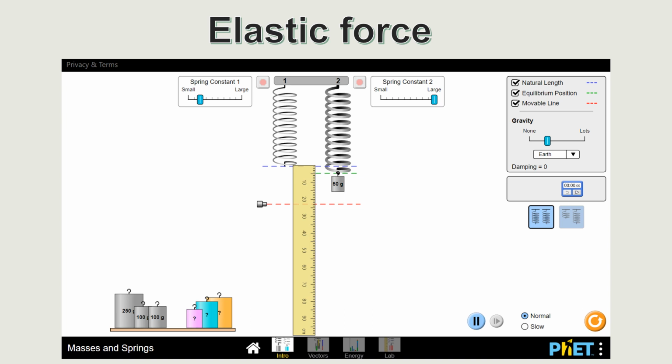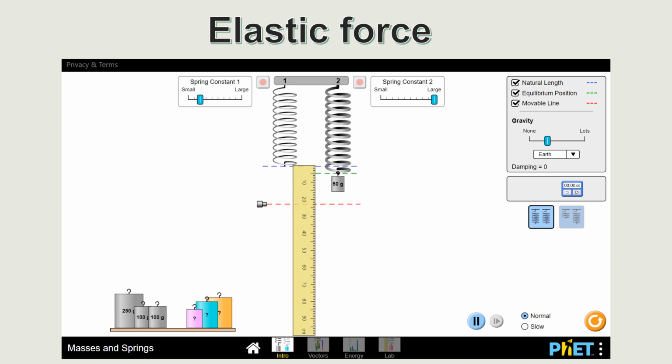Also, let's see what will happen if I add 100 grams on this spring. So we said 50 grams will extend for 11 centimeters. Let's see how much it will be when I put 100 grams. So for 50 grams it was 11, and for 100 grams it is approximately 21.